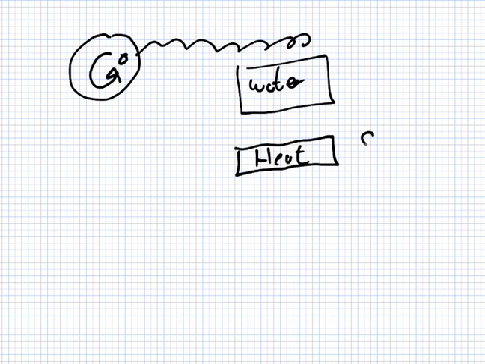What I'm saying here is the heat energy will equal the work done plus the increased internal energy. In other words, the energy that you put into this water to make it hot.